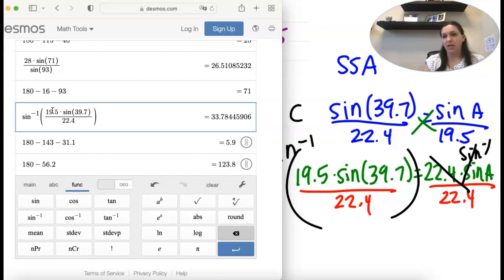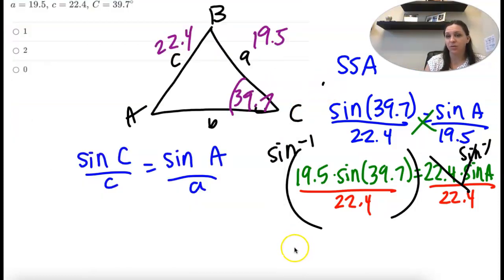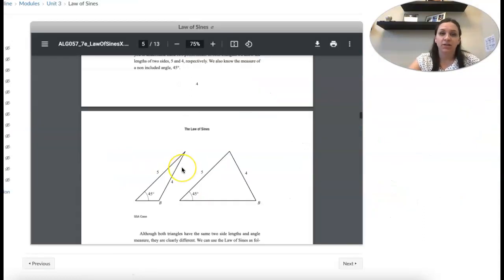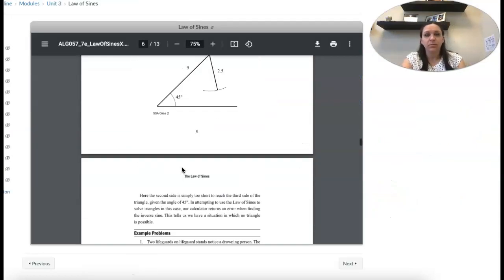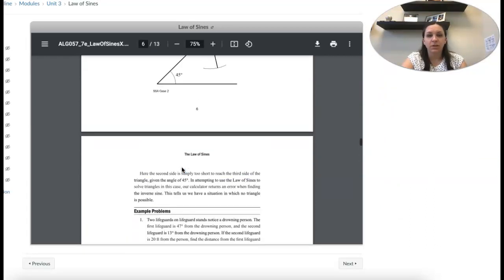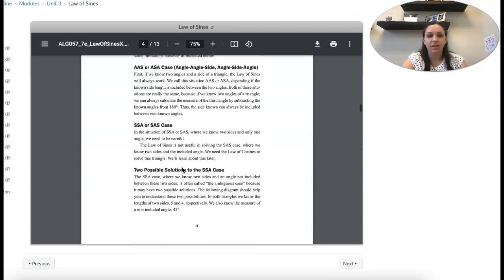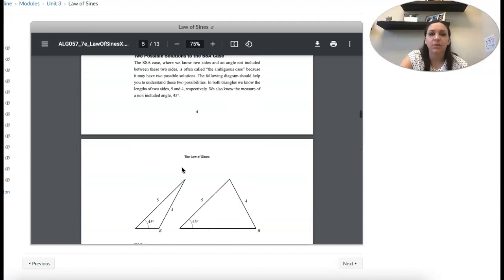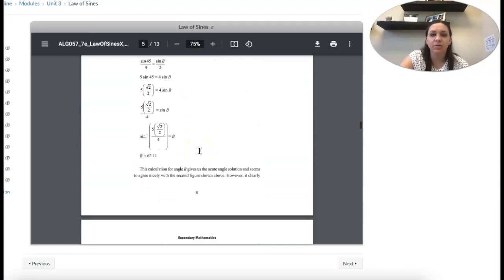So see how this one, I got a number, an acute angle less than 180. That means there's 2 answers. Okay, and that's usually what happens, either an undefined or 2 answers. So 2 possible is what we usually get.